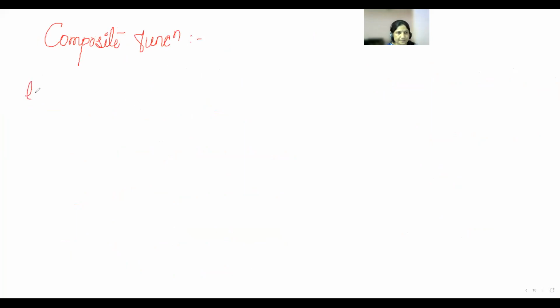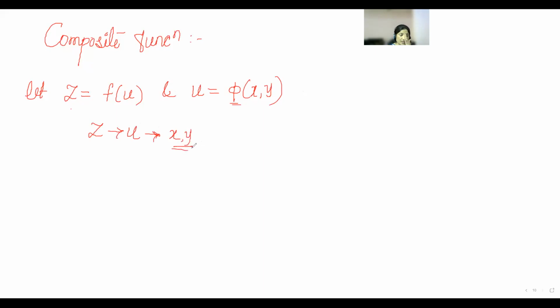So let z is equal to f of u and u is equal to phi of x, y, so that z is called as function of phi. That is, here z is function in u and u is function in x and y. Okay, so here it is function of function, or it is called as a composite function.